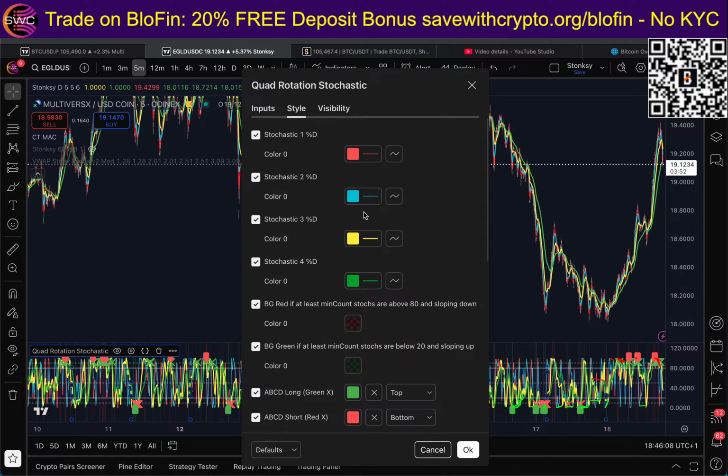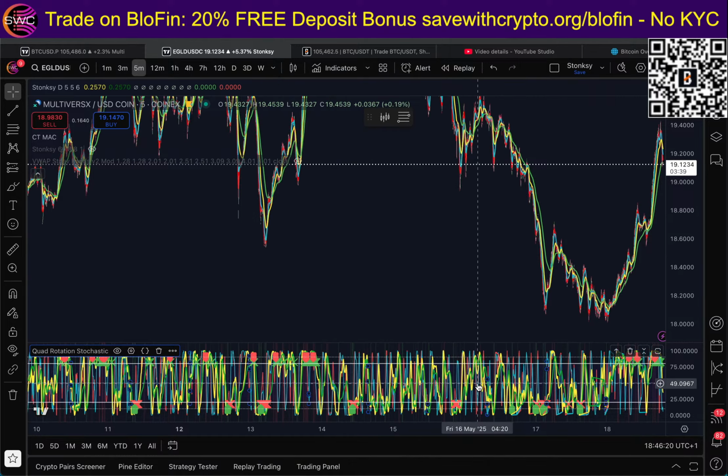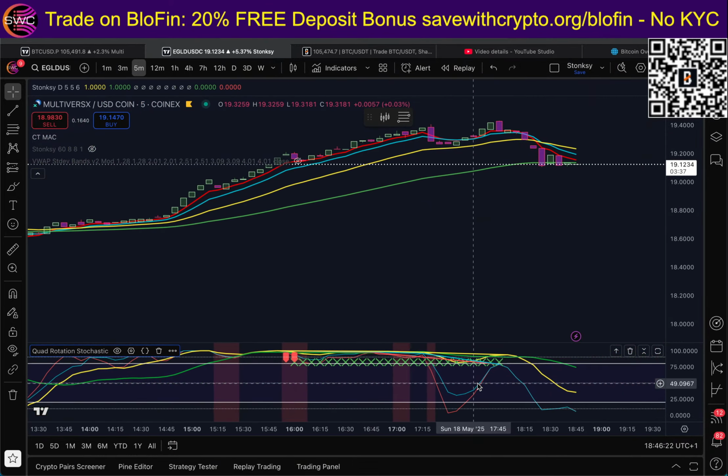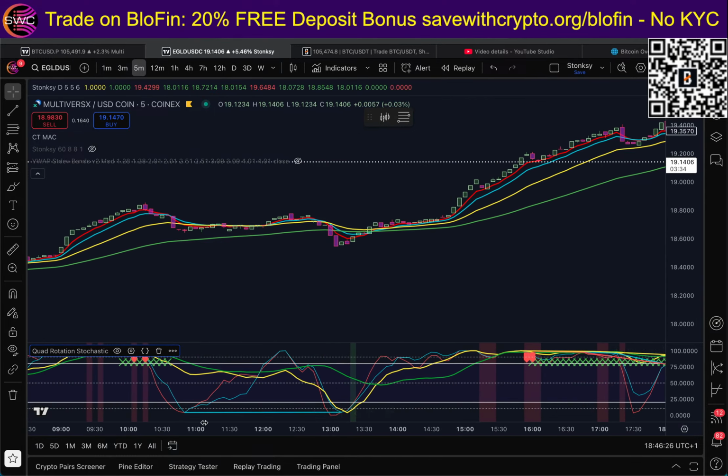Oh, what you can do as well, you can match the actual divergence lines to the actual stochastic colour that's creating them. So if you do that, then you say this one here, that big straight cyan one.